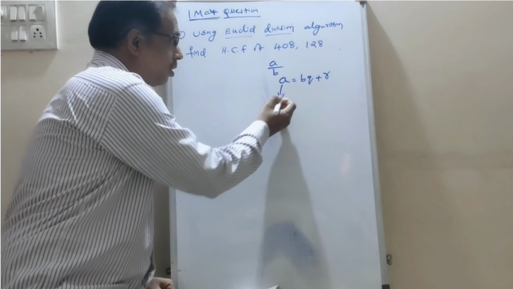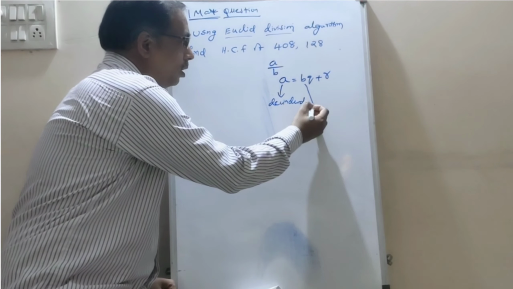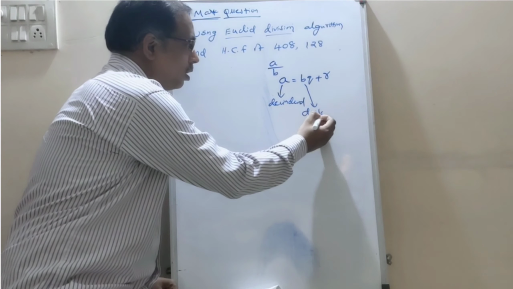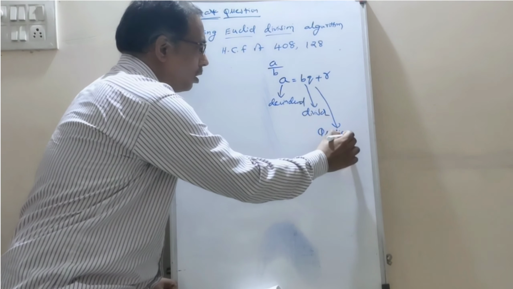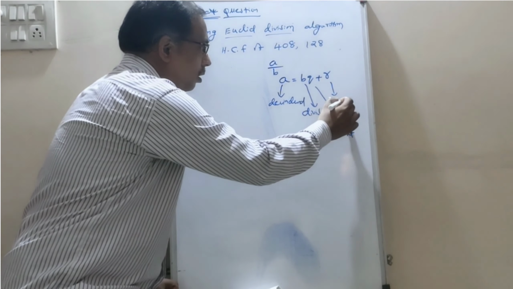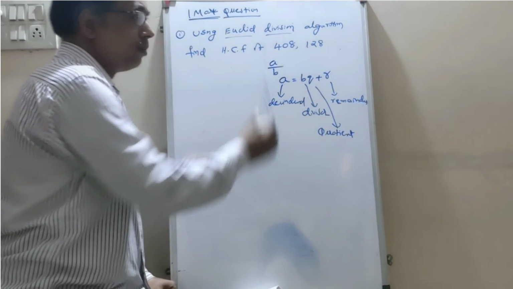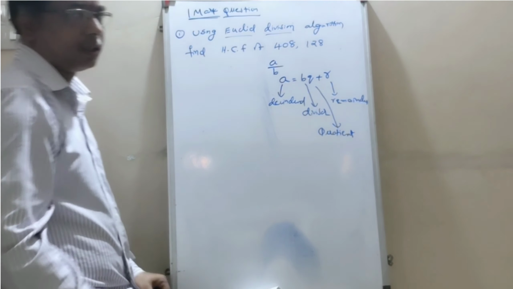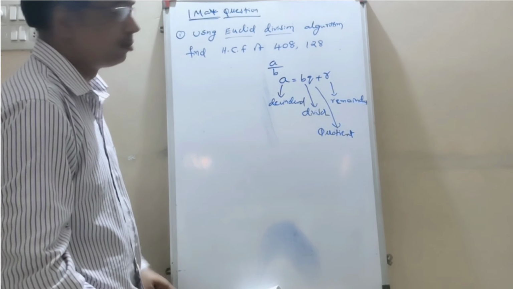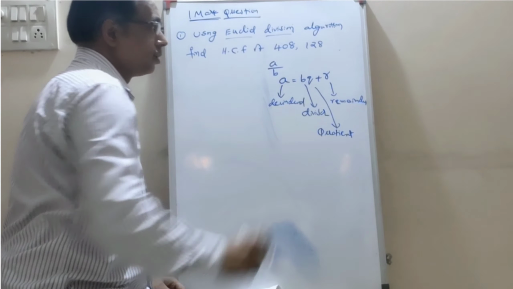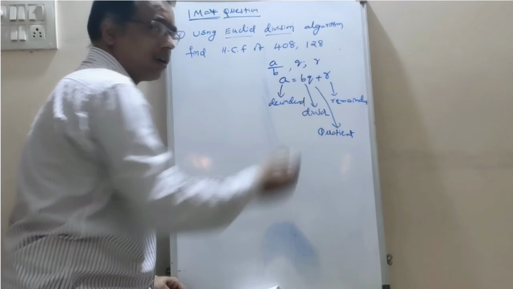Here A is called the dividend, B the divisor, Q the quotient, and R the remainder. Dividend is equal to divisor into quotient plus remainder. So in this class it is named the Euclid division algorithm. Whenever you divide A by the number B, we will get some quotient Q as well as remainder R.